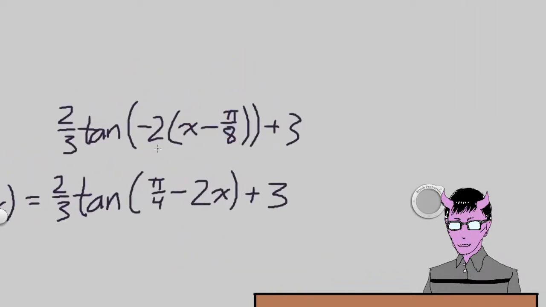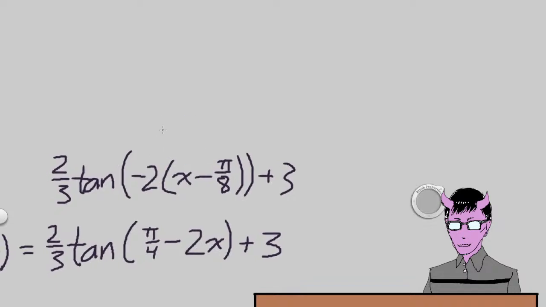So let's make note of the period. The typical period for a tangent function is from one vertical asymptote to the nearest vertical asymptote, either to the left or to the right. We don't care; we just care about the spacing. And the typical period spacing for a tangent function is just pi.